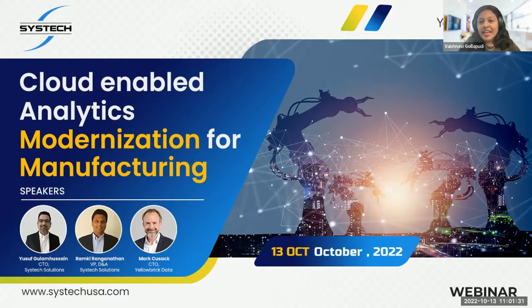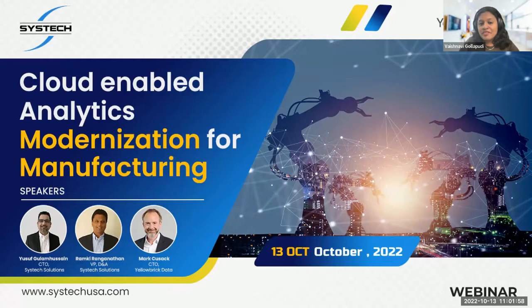He's been at the helm for many of Systech's technology initiatives. He's the Head of Advanced Analytics and Cloud at Systech, innovating on novel technology frameworks and solutions for clients across industries. And joining them today is Mark Cusack. Mark is the Chief Technology Officer for Yellowbrick Data. Before joining Yellowbrick, Mark was the Vice President for Data and Analytics at Teradata, where he led a variety of product management and technology teams in data warehouse and advanced analytics groups.